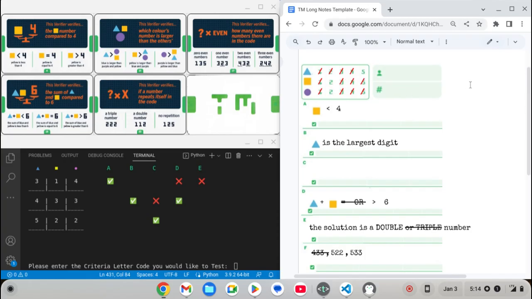And so it looks like our solution is 522. Okay, well, I guess I should have typed it up in the second round, but we'll just say that the solution has 2 evens.